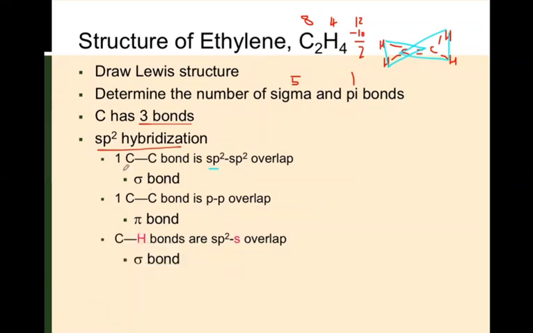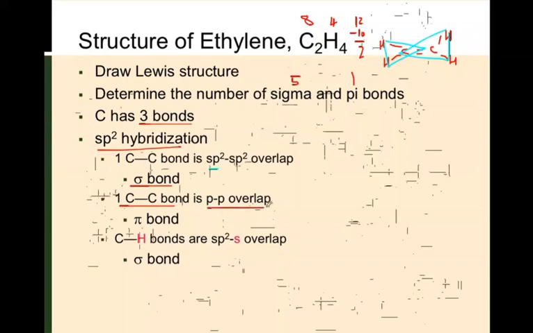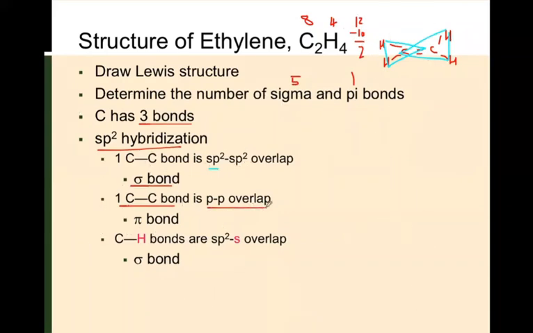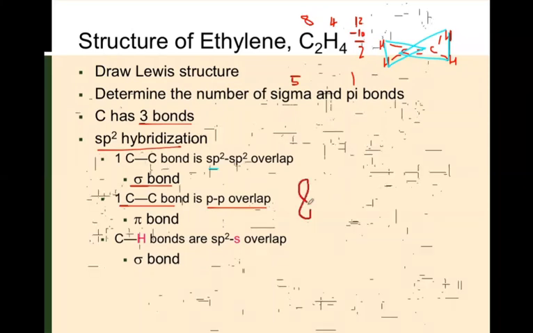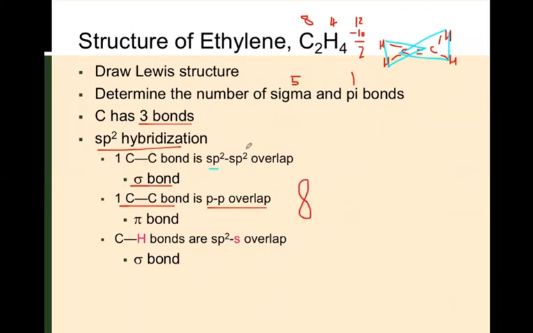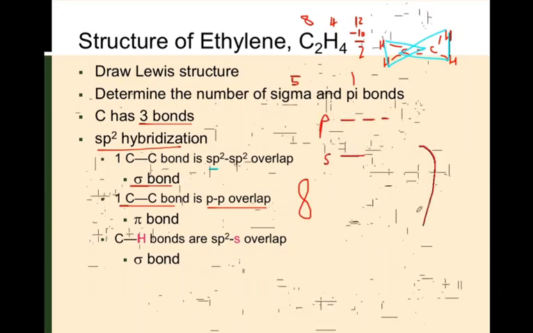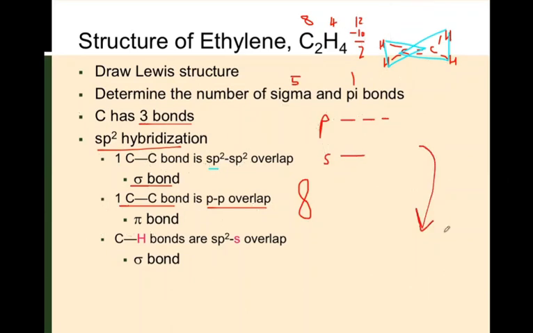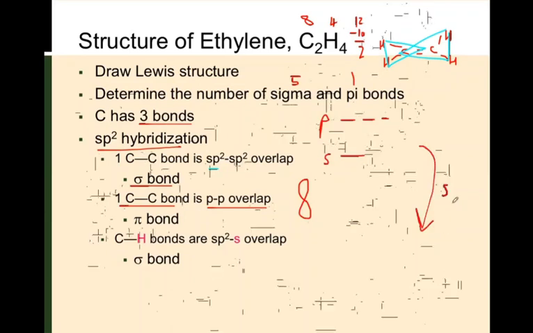Okay, so we have 1 carbon-carbon bond that is sp2 overlap, a sigma bond. The other carbon-carbon bond is p-p overlap. These are the p orbitals, basically the ones that are left over. Whenever we hybridize sp2, we start off with 1 s orbital and 3 p orbitals. We then hybridize to form sp2 orbitals.